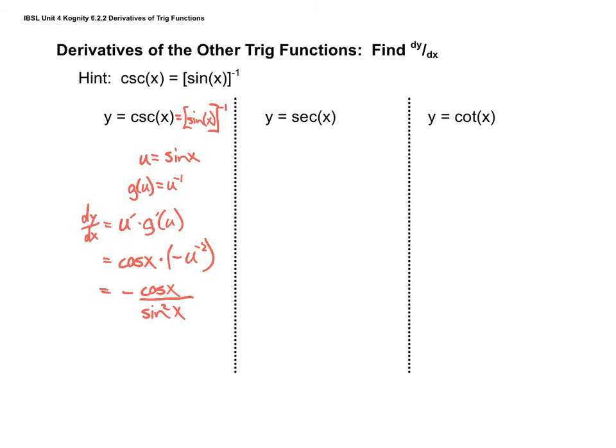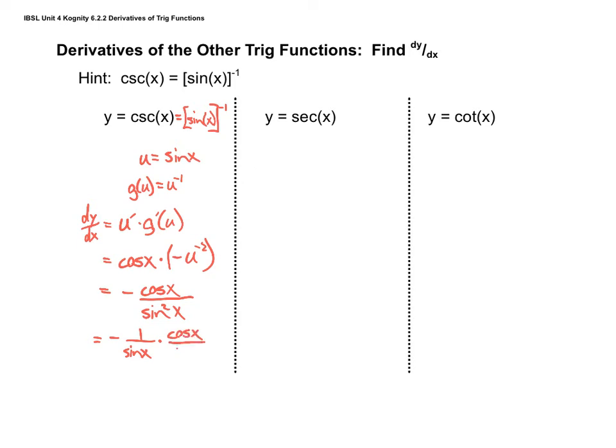Now, for the actual rule that you would memorize if you were in AP Calc, you don't have to have this one memorized, but it comes in handy. We would actually split this up. I would rewrite that sine squared as sine times sine, and make this 1 over sine times cosine over sine.